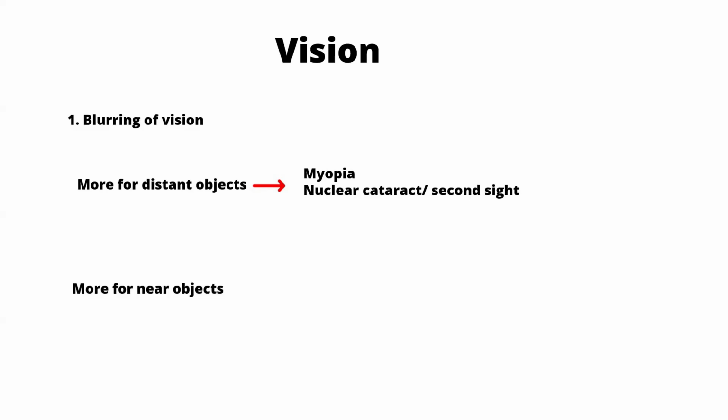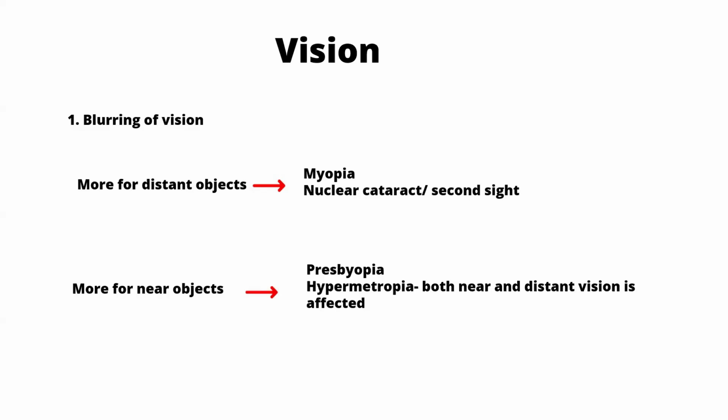Whenever they come with diminution of vision more for near objects, where they are better off with distant objects and can see clearly, but have a problem with near objects, the most common condition that you'll think about is presbyopia, which is a physiological condition. Here, the patient has reduced accommodation.